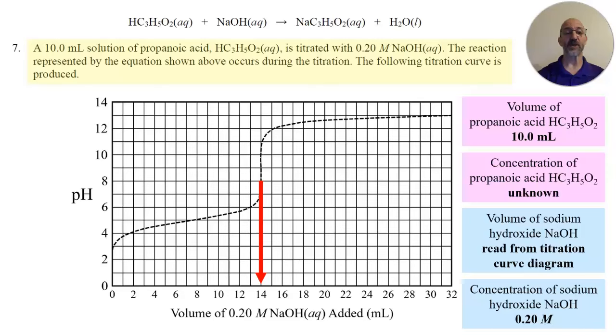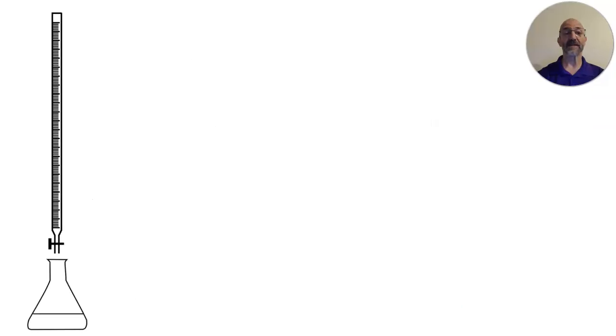Now I'm going to show you a diagram with a burette and a flask, just to show you what's in the burette and what's in the flask during this experiment. What's in the burette is the sodium hydroxide solution.